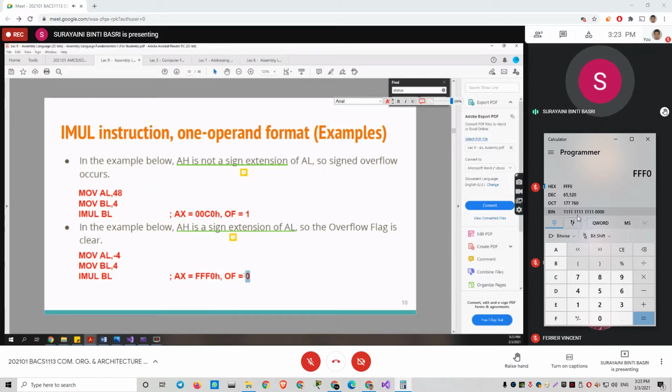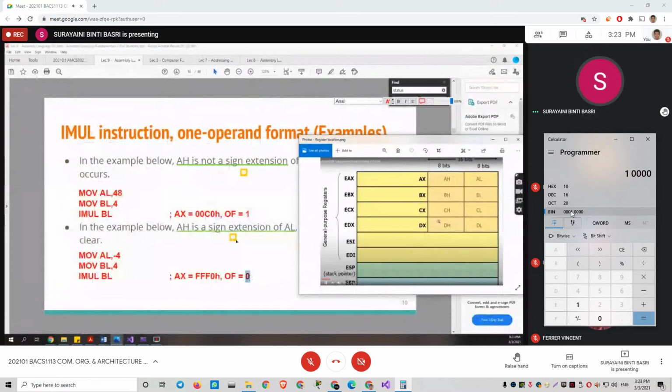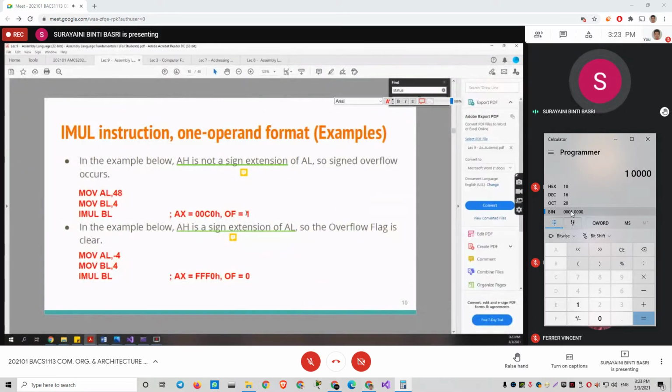So in IMAL multiplication, when the second part of your register, in this case AH, is occupied, your overflow flag is 0. When your AH is not occupied, your overflow flag will be 1. Just remember that formula.